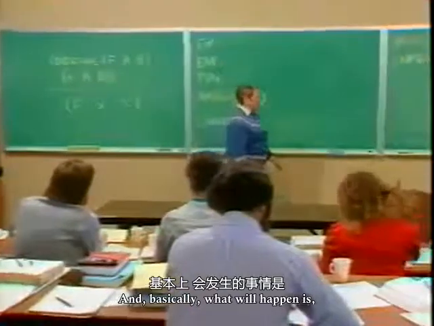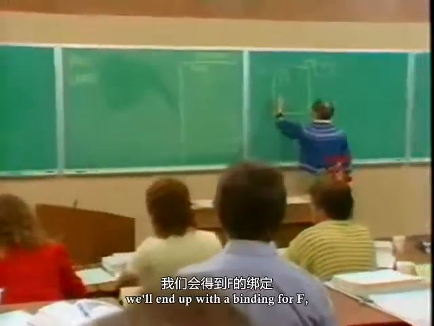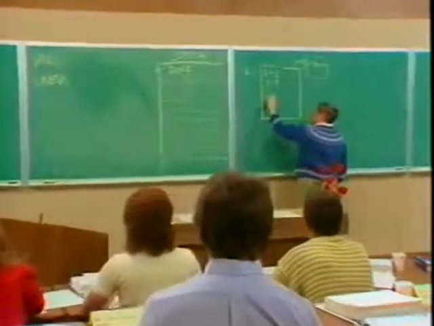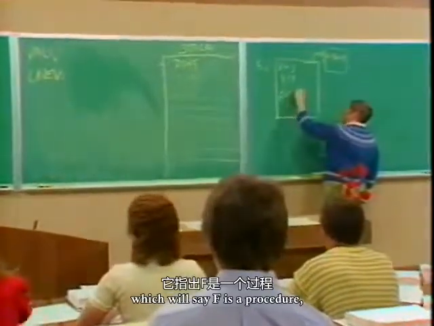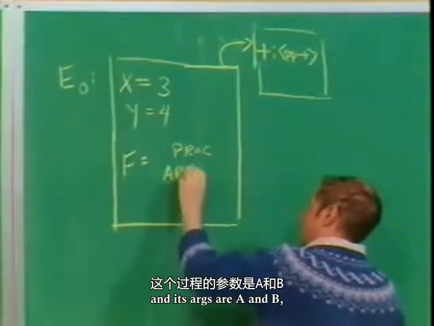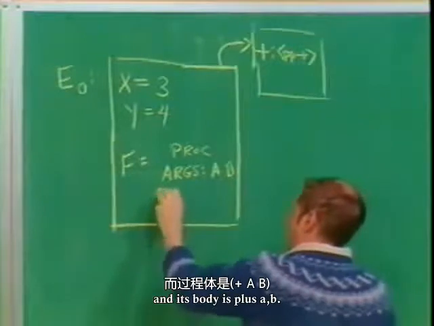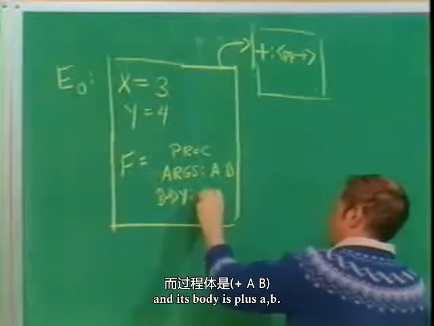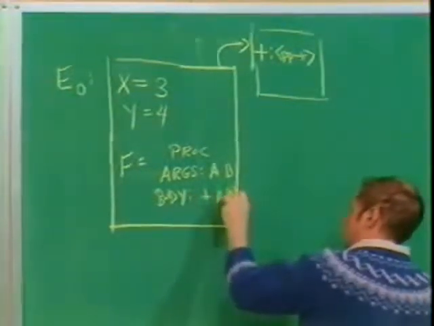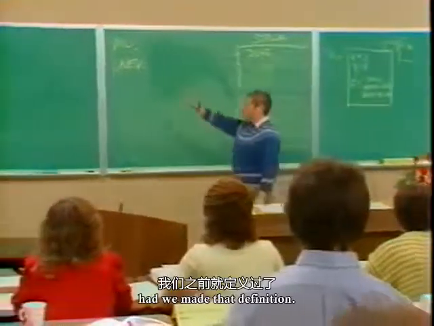And basically what will happen is in E0, we'll end up with a binding for F, which will say F is a procedure, and its args are A and B, and its body is plus A B. So that's what the environment would have looked like had we made that definition.